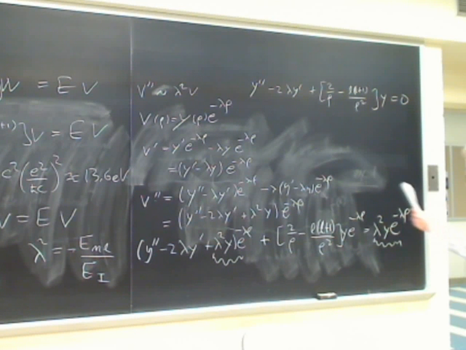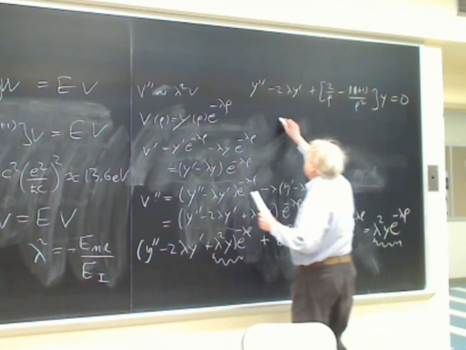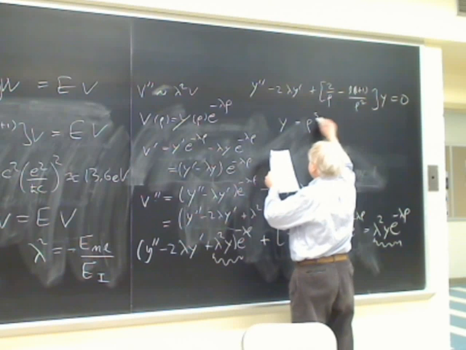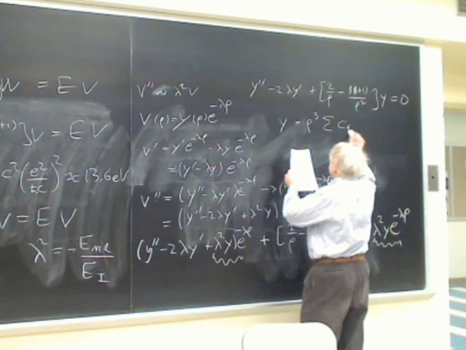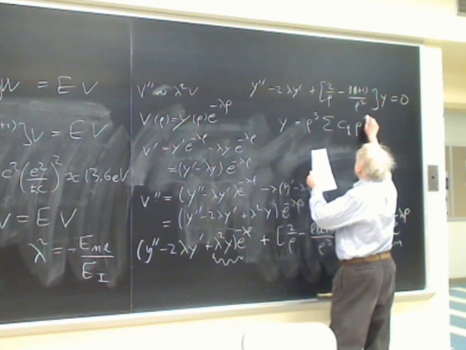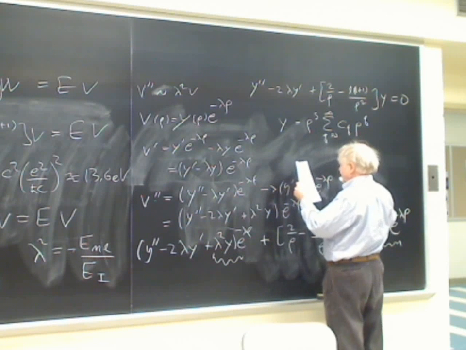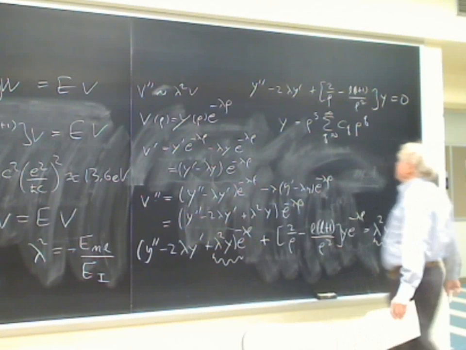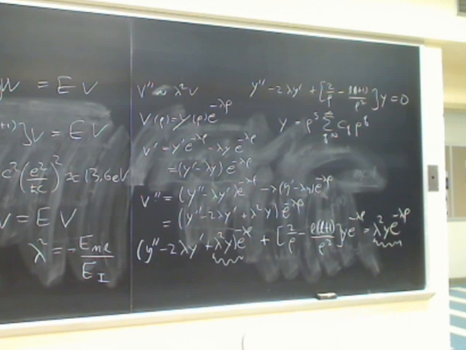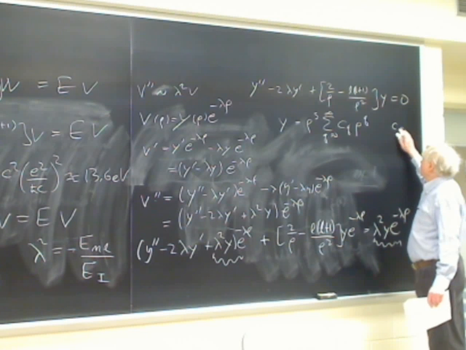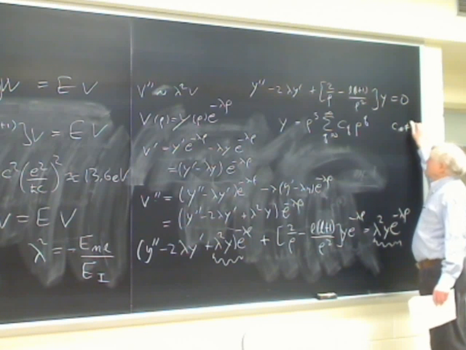Now we use Frobenius's trick, which is y is going to be rho to the s times the sum c_q rho to the q, where q is 0 to infinity. So that's going to be our formula. And remember, the key here is that c_0 is not equal to 0.